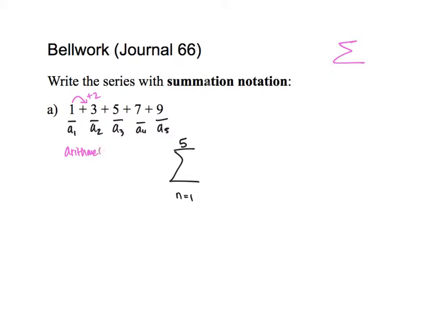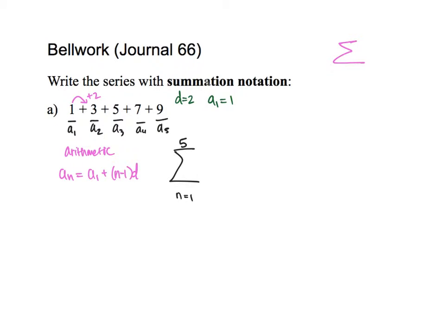And arithmetic means that I need to use that nth formula, an equals a1 plus n minus 1 times d, the common difference. So the common difference here, since we've looked at the sequence, is 2 because it's adding by 2. The first term in the sequence is 1 because that is the first term that I see here.